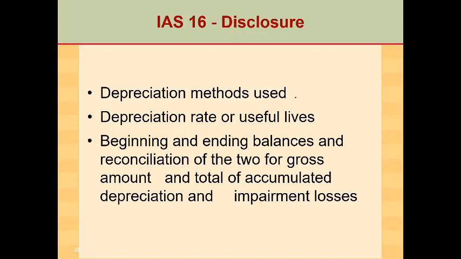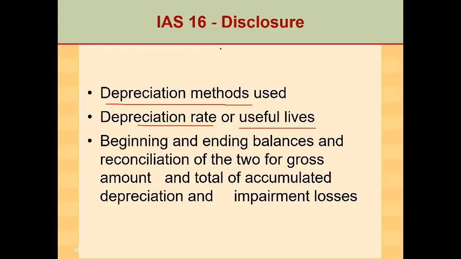Actually, what should be disclosed here? The depreciation method that you are going to use, the depreciation rate or useful life, beginning and ending balance and reconciliation of the two for gross amount and total of accumulated depreciation and impairment loss.